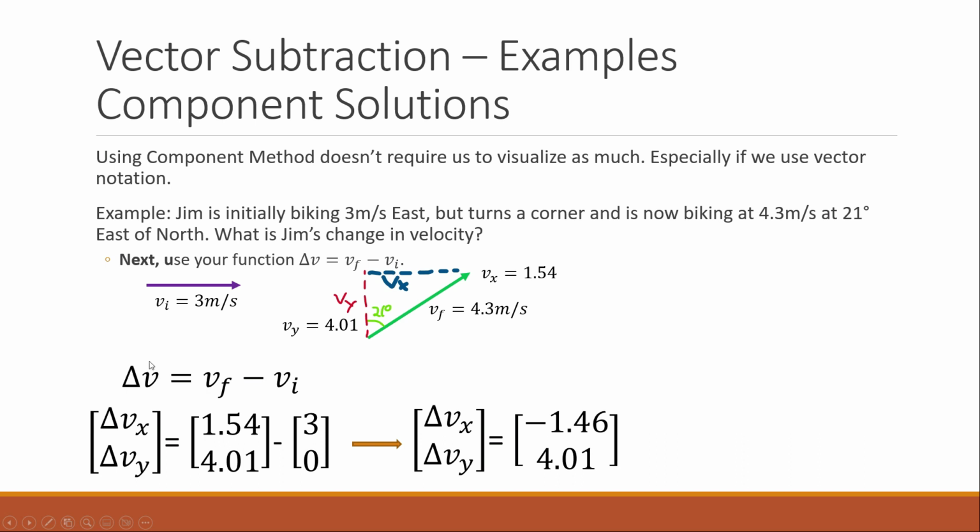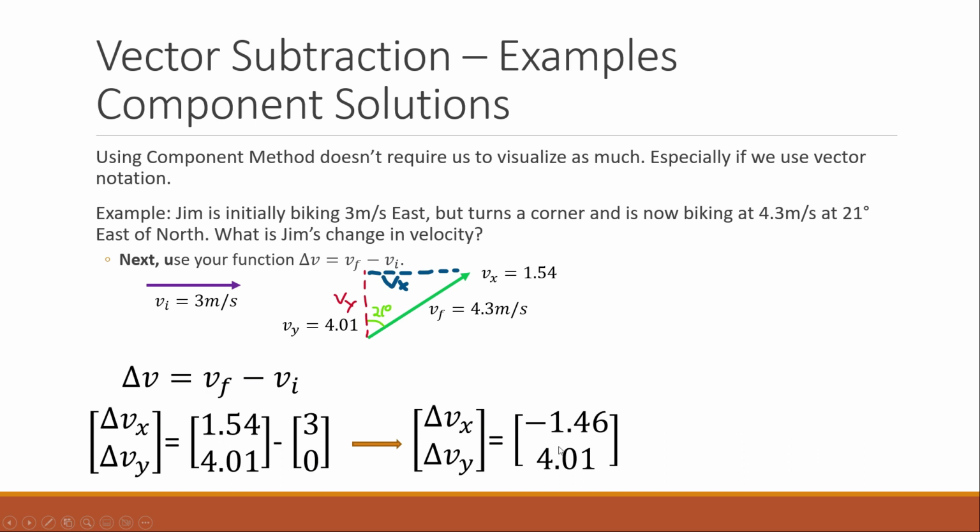So my function is the change in velocity is equal to the final velocity subtracted by the initial velocity. When I have it in my vector notation method, we see that the change in the x component and the change in the y component would be equal to the x component of VF subtracted by 3 and the y component of VF subtracted by 0.